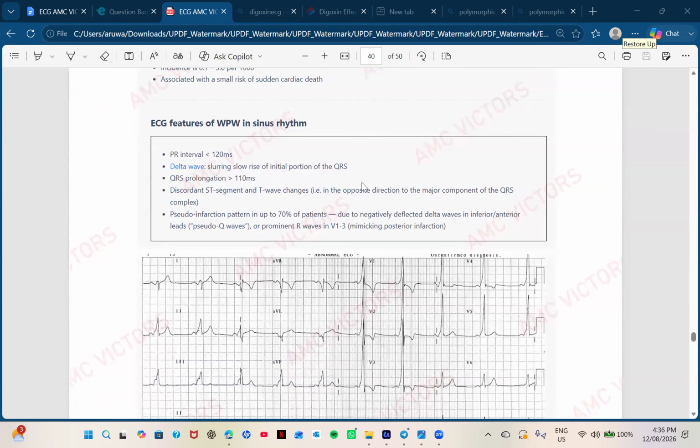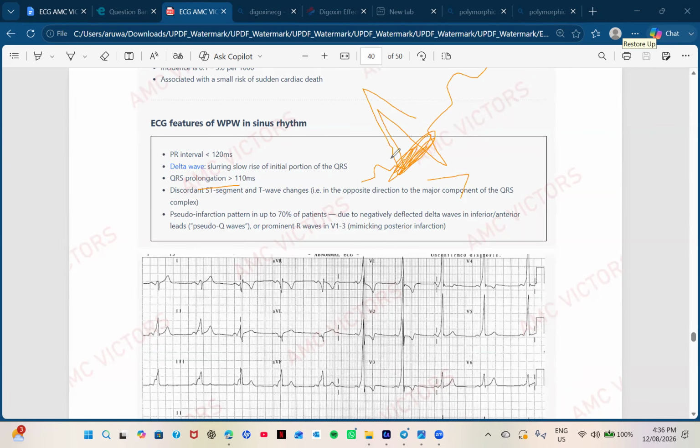So P, Q, R, S, T, right? Here it is happening like this. Because of that, typically the QRS is widened, so the QRS duration is increased.